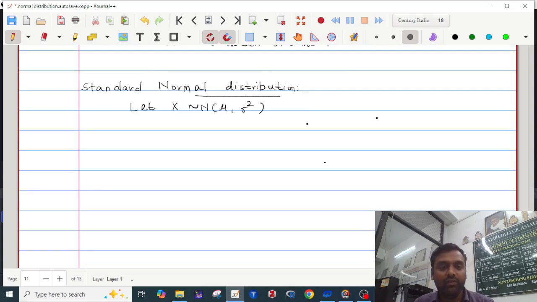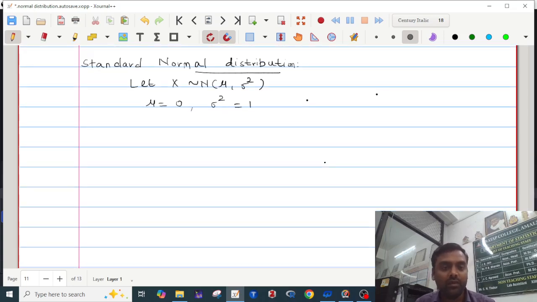If we take the value of mu equal to 0 and sigma square equal to 1 in the PDF of normal distribution, then the obtained PDF is the PDF of standard normal distribution, and the distribution is said to be standard normal distribution.